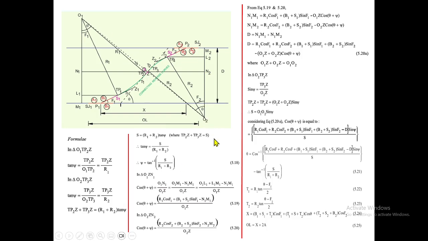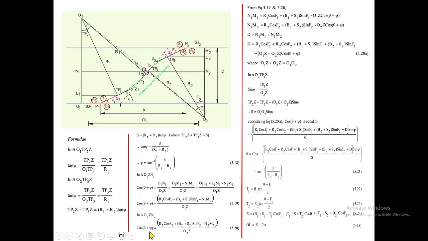Okay, take this triangle O2 N2 Z. We take this triangle. Again theta plus psi will be your included angle of these vertices, and again cos of theta plus psi equal to adjacent side divided by hypotenuse. Adjacent is O2 N2, that you have to find out similar way. Total minus, okay, this portion, okay, this N2 M2, okay, again we are breaking this one L2 M2, okay, something like that.